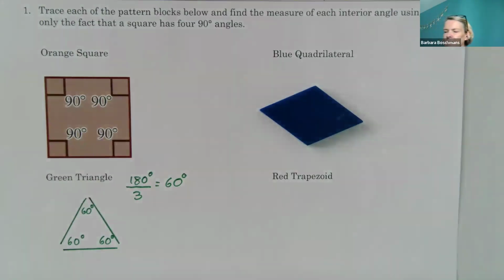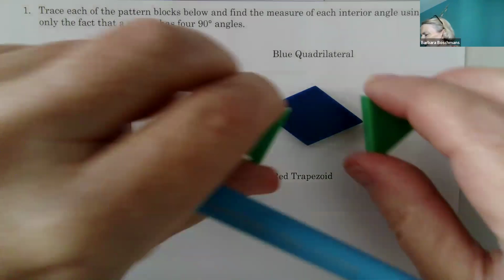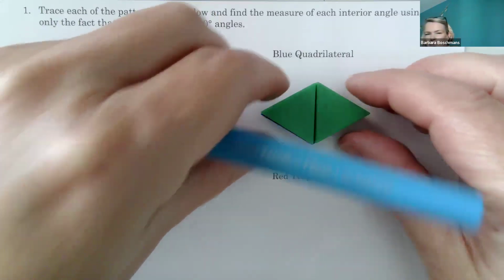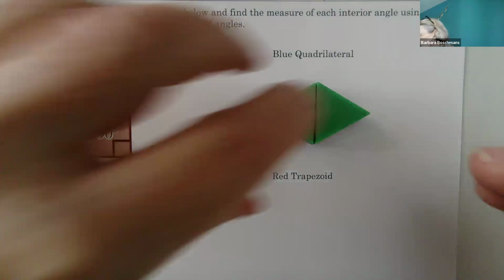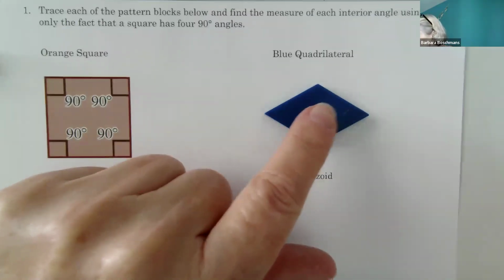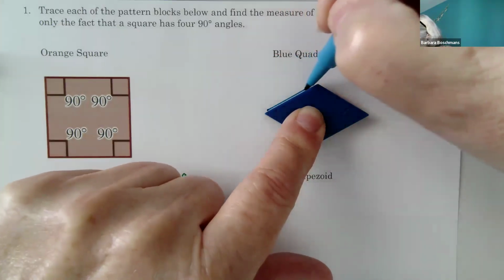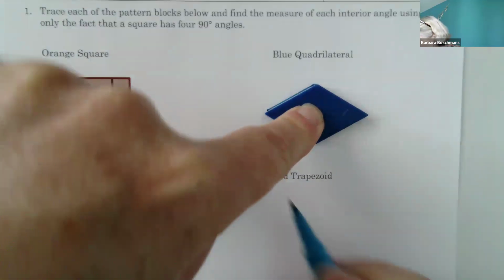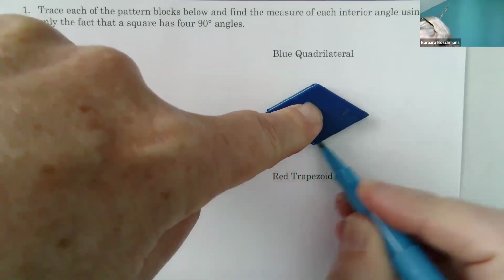But for the blue one, 2 triangles fit on top. So if I trace my blue one, I can use the fact that I know an interior angle of a triangle to be 60 degrees.